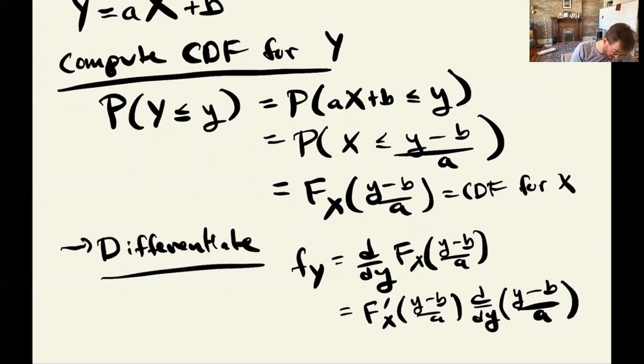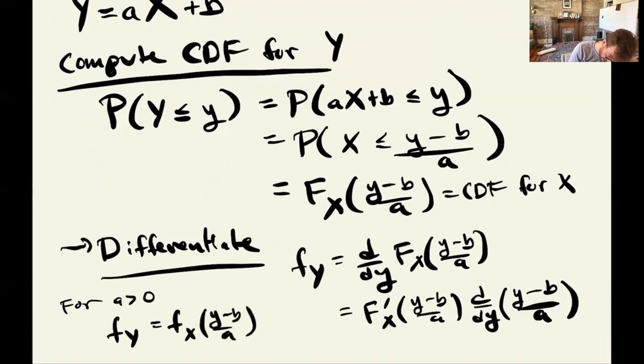And so just to summarize, we end up getting that for a greater than 0, f of y ends up being little f of x of y minus b over a, times 1 over a.